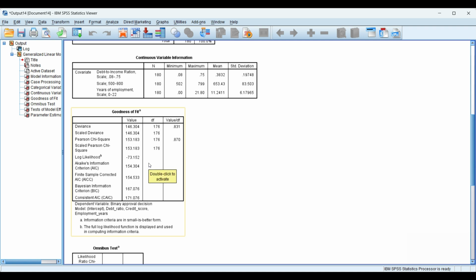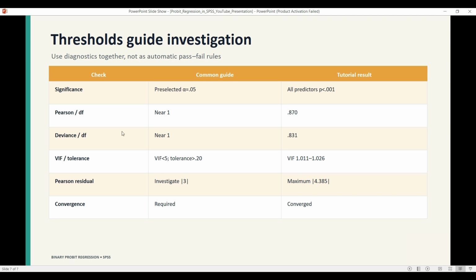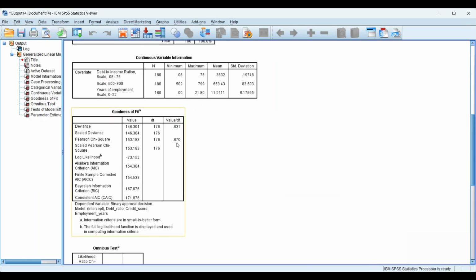As well, you can see here the Pearson chi-square value is 153.183, and in case of chi-square the p-value is 0.870. If we see the chi-square deviance value, it means the value is also near 1, so the value 0.87 is also close to 1.